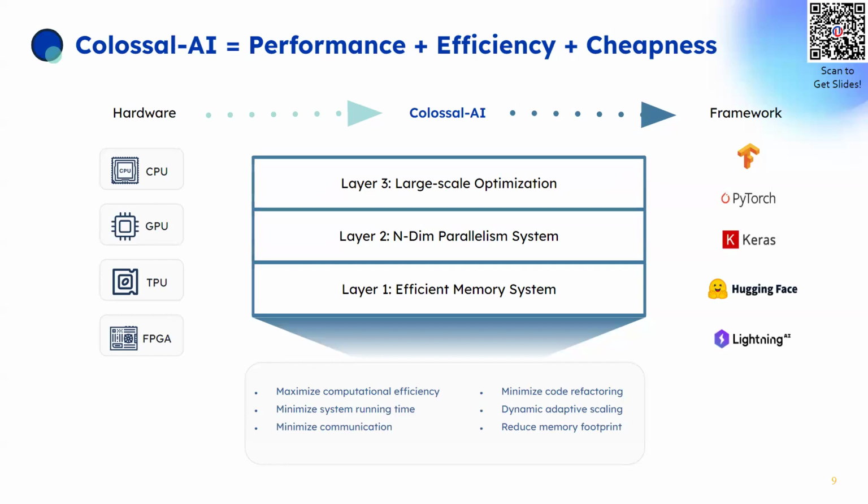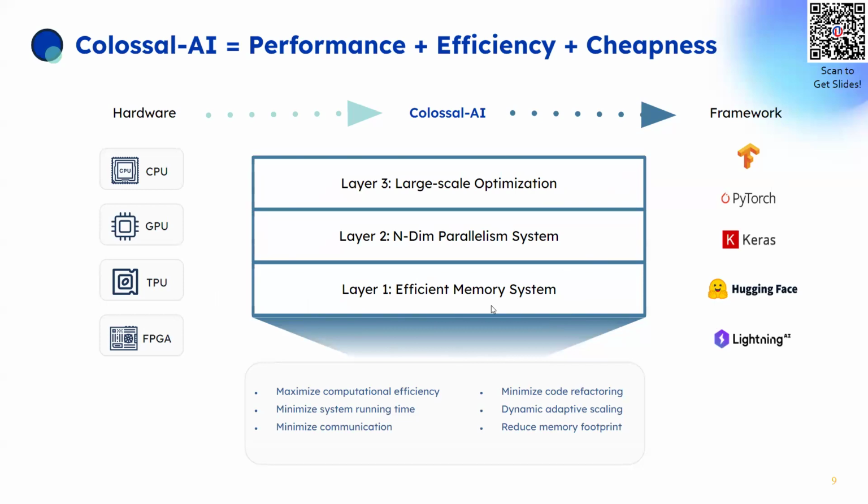So we want to build better high-performance computing techniques and make the training more efficient. What kind of techniques do we need? I believe we need at least three layers of implementation. The first layer is an efficient memory system. So why should we care about the memory system?